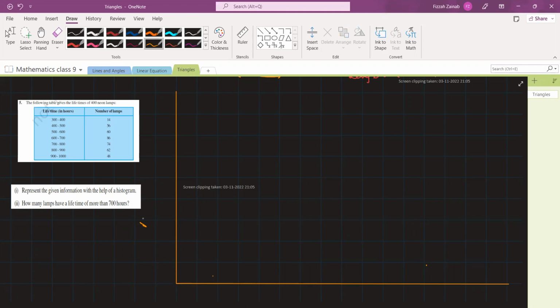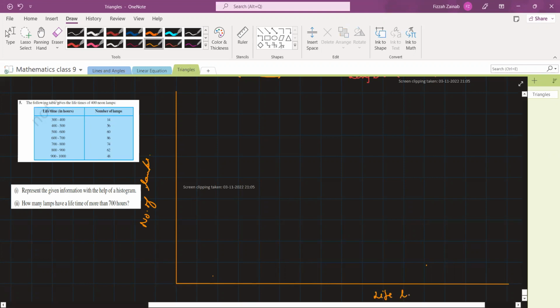Here we will take number of lamps on this side, and on this side we take lifetime, which is in hours. The lowest frequency is 14 and the highest I can see is 86, so I can take an interval of 10, 10, 20, 30, 40, 50, 60, 70, 80, 90. I think I'll be able to locate, right?